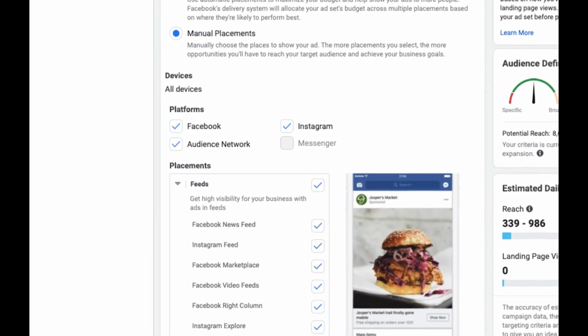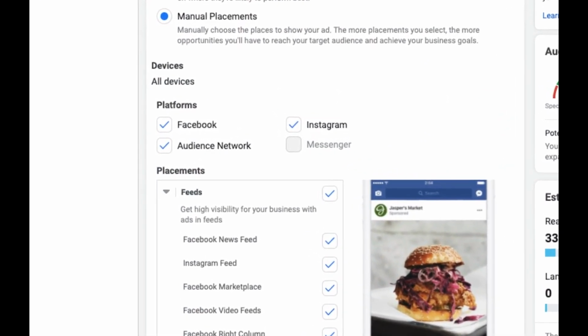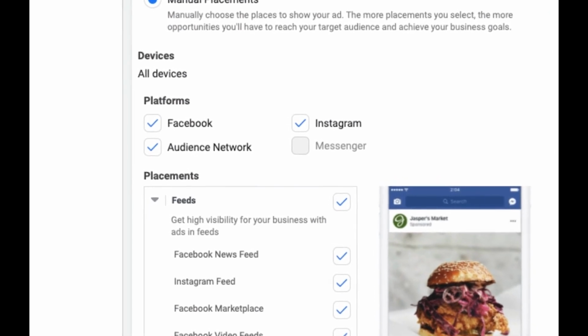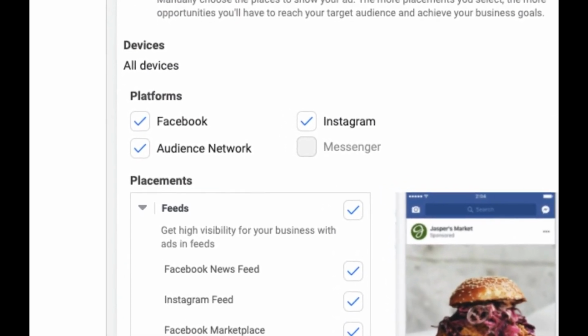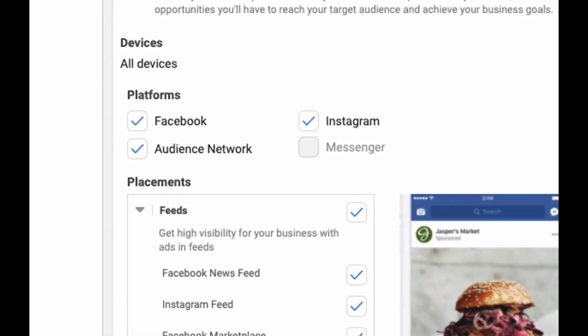So placements, this is the third section under ad sets, and placements refer to where your ads are going to run. There are, broadly speaking, 4 categories where you can run ads. They are Facebook, Instagram, Messenger or Facebook Messenger, and what's called the Audience Network, a network of websites that Facebook has a relationship with where your ads may appear.